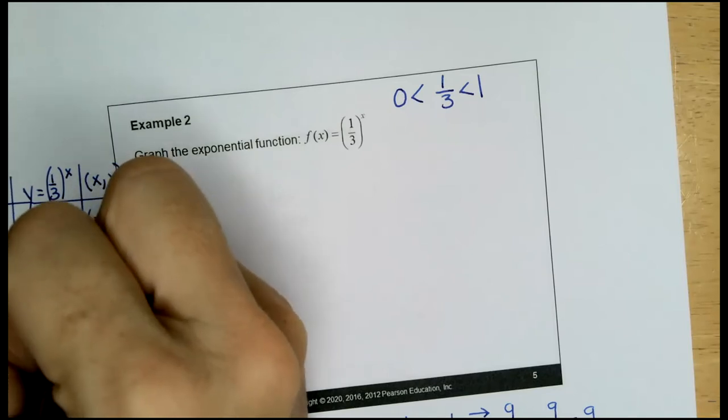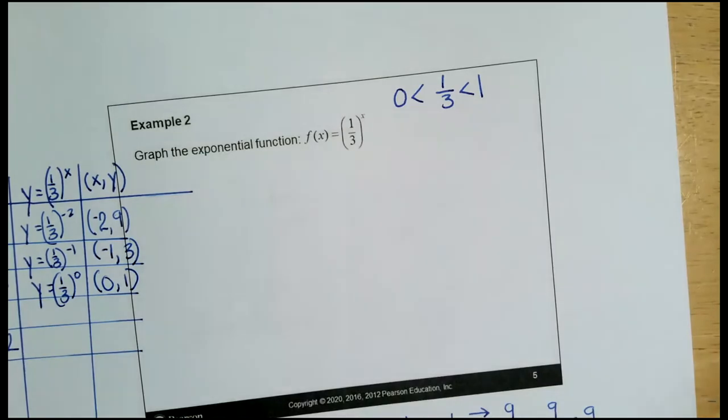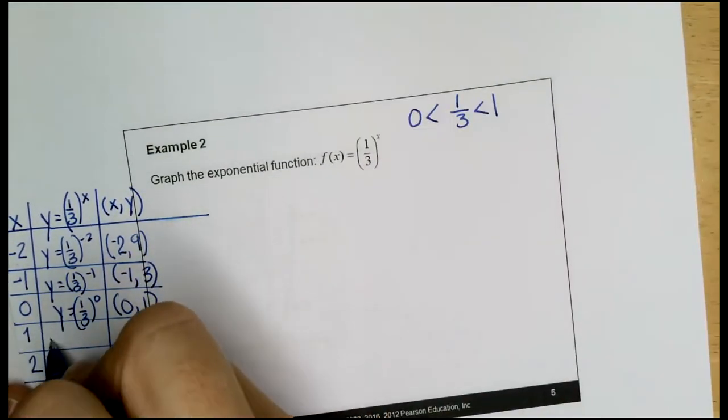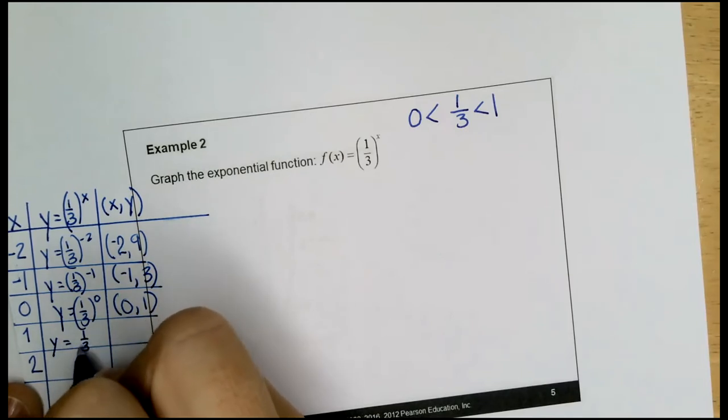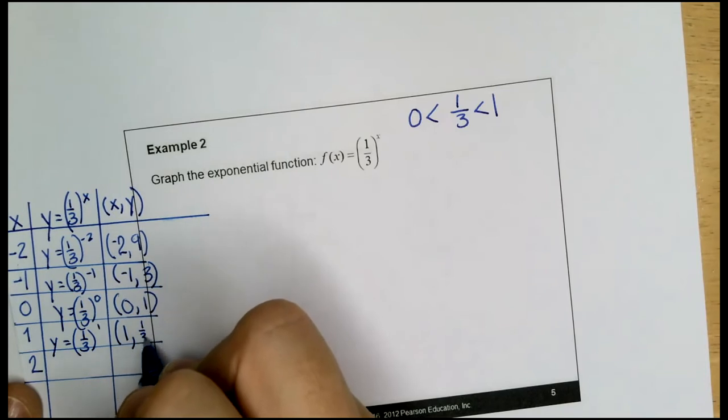Anything to the power of 0 is 1. So (0, 1), just like every exponential equation. Where x equals 1, y is going to equal 1/3, right?